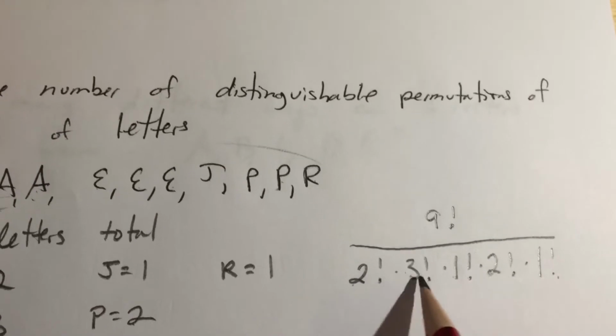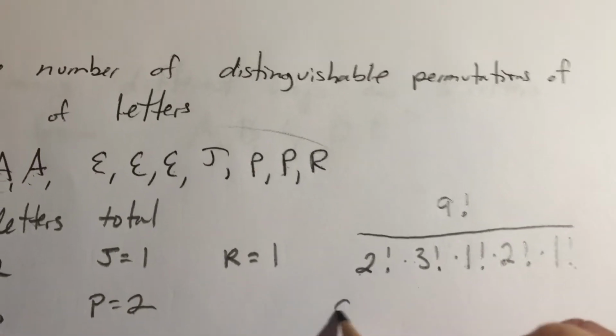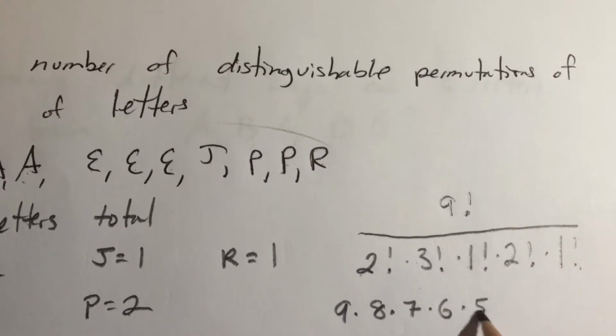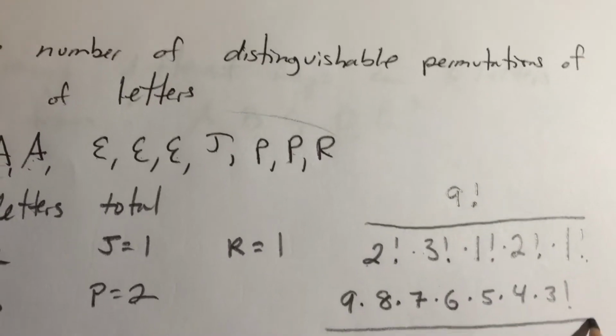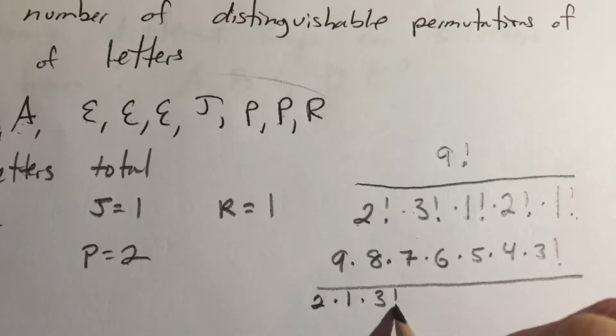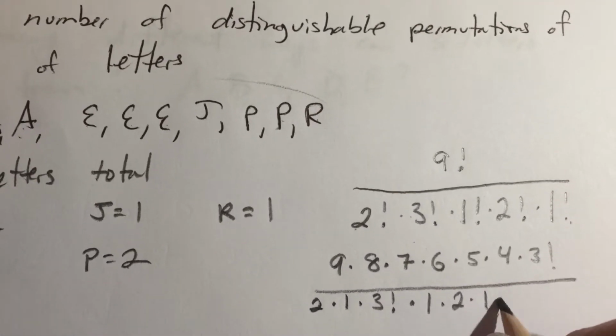Okay, now I have to expand these factorials because I need to simplify. So I'm going to expand the top, 9 times 8 times 7 times 6 times 5 times 4 times 3. I'm going to stop at 3. And the 2 will be expanded to 2 times 1. I'm going to leave the 3 as a 3 factorial. 1 stays as 1, 2 times 1, and then 1.